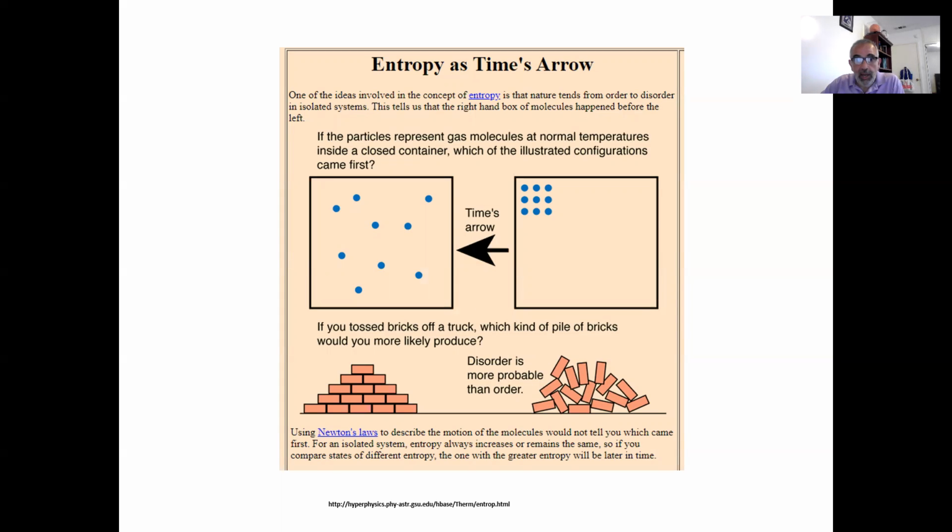And we will always know that this arrangement came before this arrangement. If you toss a bunch of bricks off a truck, they're not going to fall in an orderly stack. They're going to fall in a more disordered pattern. So that disorder increases with time. You know this very well, for example, from things like dropping an egg on the floor.